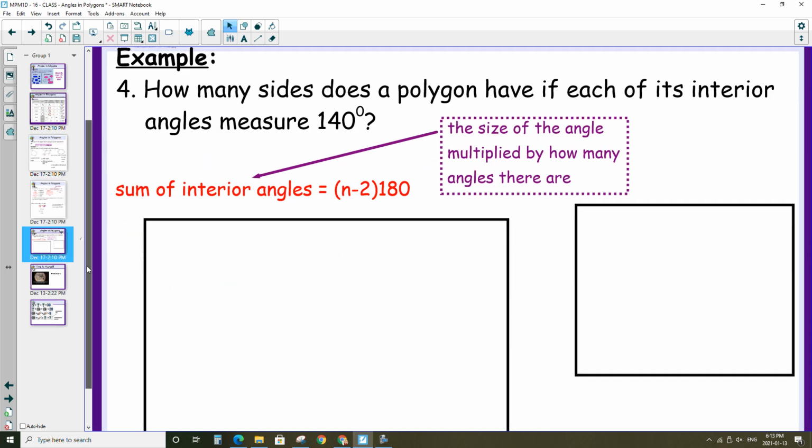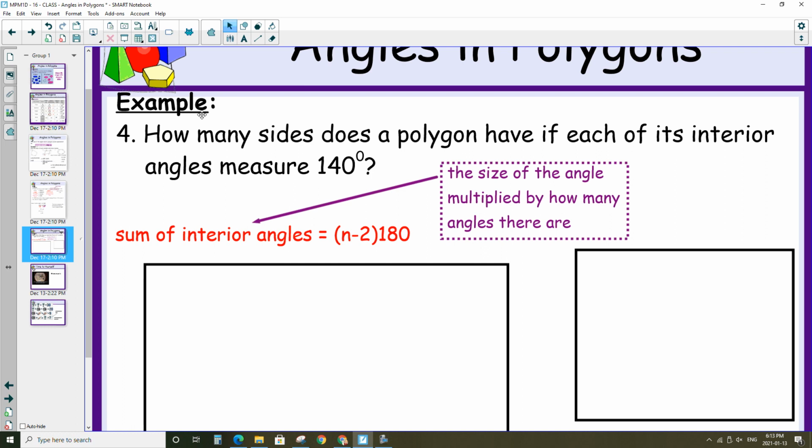And the last question, how many sides does a polygon have if each of its interior angles measures 140 degrees? So what you need to also realize is that the sum of the interior angles is equal to the size of the angle multiplied by how many angles there are.